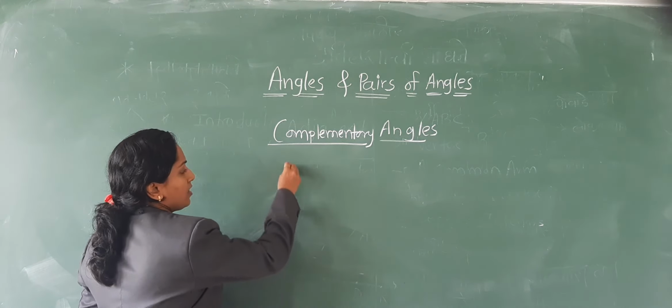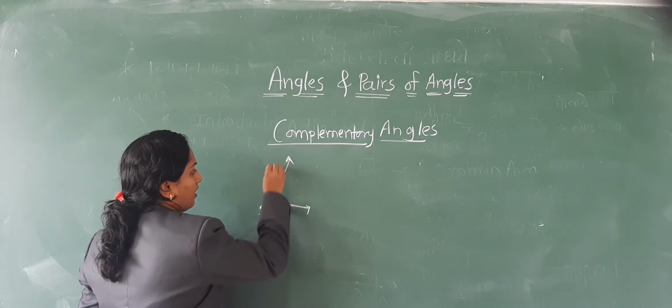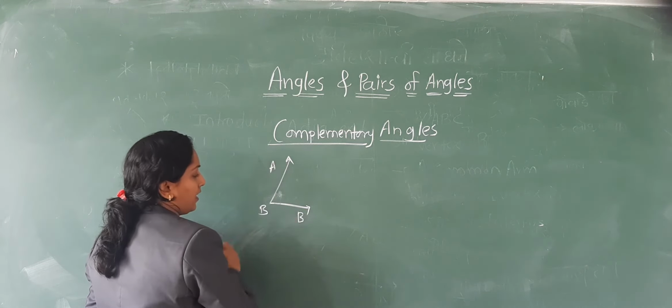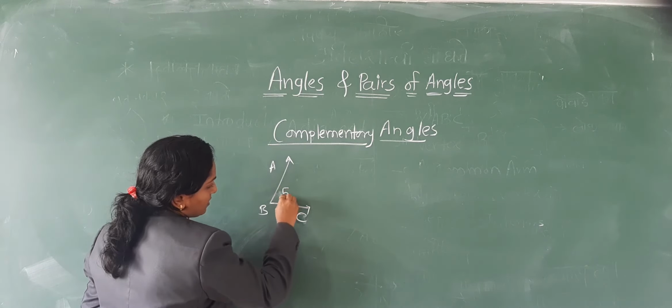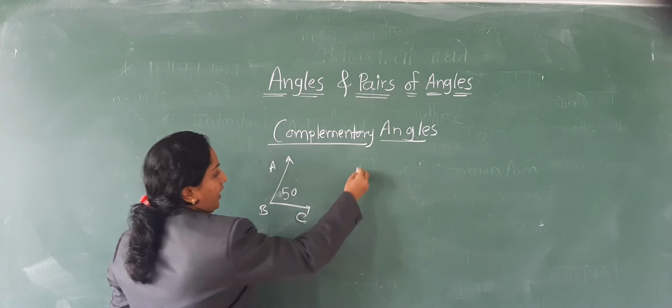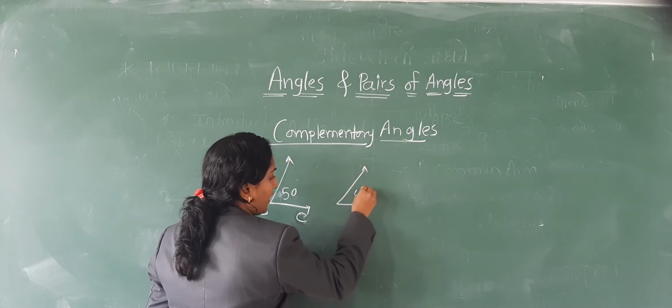For example, suppose there is one angle ABC whose measurement is 50 degrees, and suppose there is one more angle of 40 degrees.